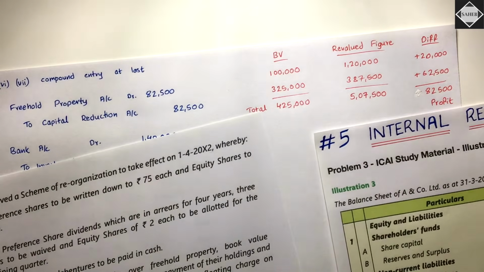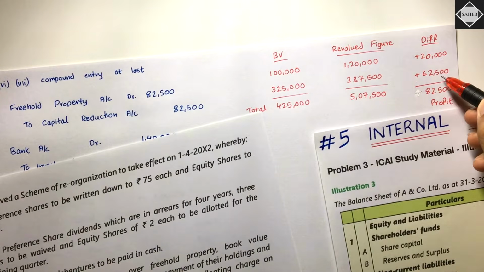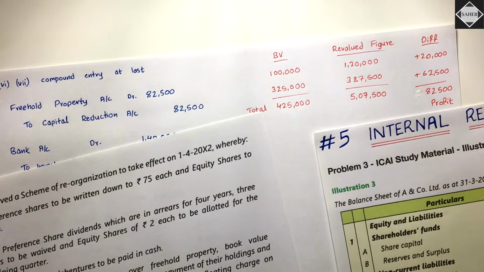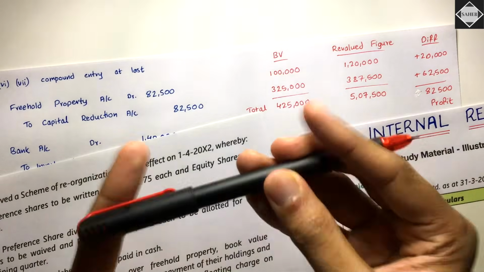So in total, how much revaluation gain is there? 20,000 in the beginning, and now 62,500. So that's a total 82,500 gain. Now this gain has to go where? To capital reduction. In this scheme of reconstruction chapter, whenever there is a loss, we debit capital reduction.